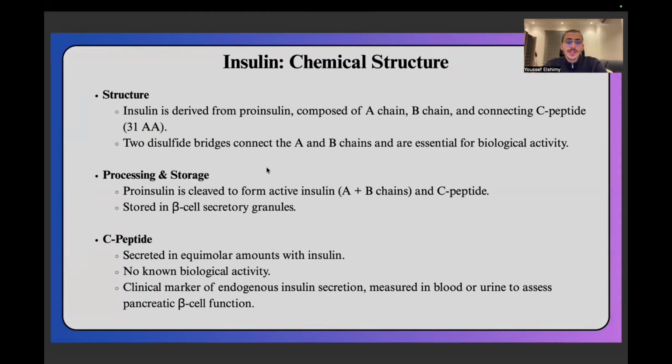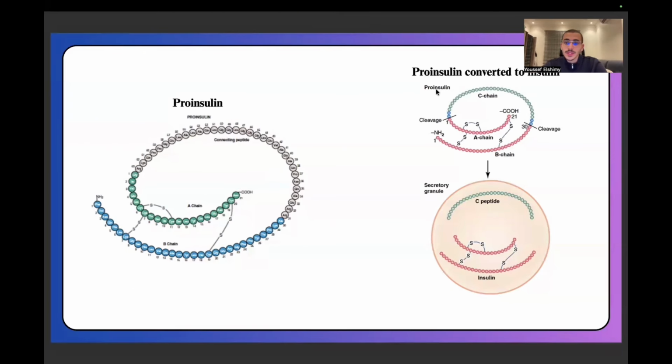Okay, so what happens next? When we need insulin, the proinsulin gets converted to insulin. How? By the cleavage of the C chain. Whenever the C chain is cleaved, the proinsulin gets converted to insulin and it becomes the active biological molecule.